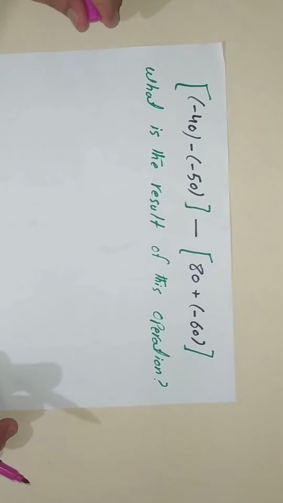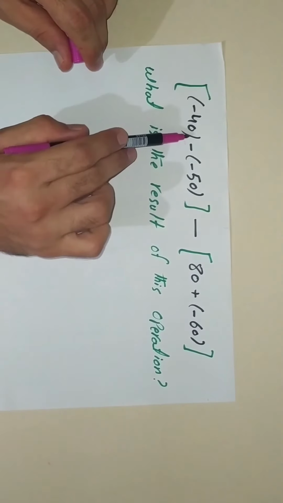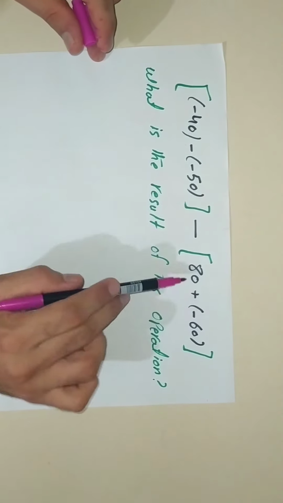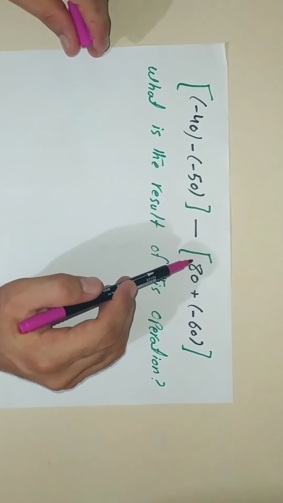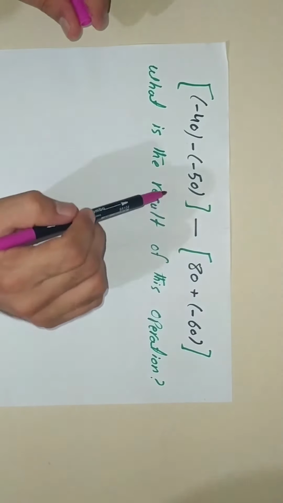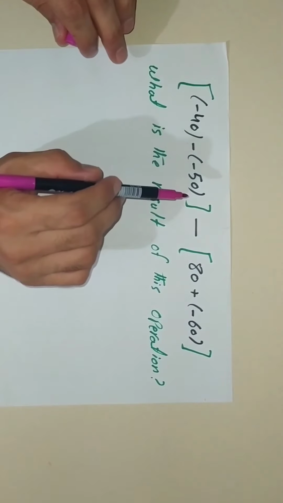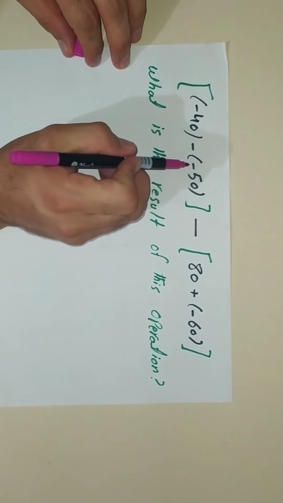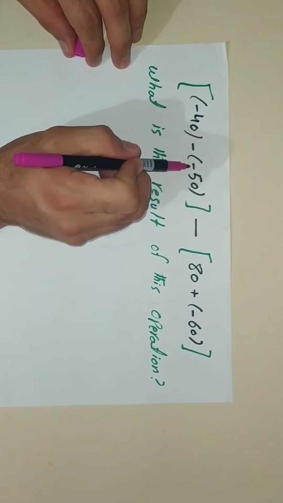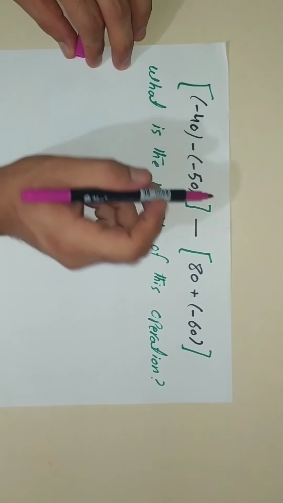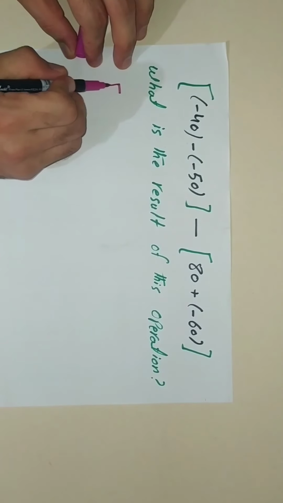Okay, in this question there are two brackets. If this kind of question comes, first you have to solve the brackets. Okay, now I have to solve the brackets here. Here there are two same signs, so the product of the same signs will give us plus.